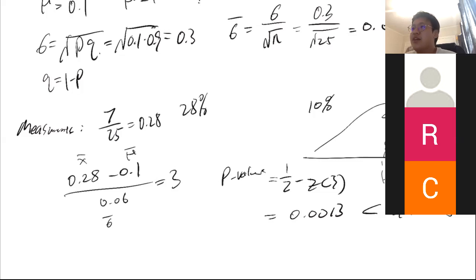That's why we can reject our null hypothesis that there's only 10% of people. Instead, we accept our alternative hypothesis that the drug actually helps you grow hair. Let me know if you have any problems on problem 1. If not, we will look at problem 2.